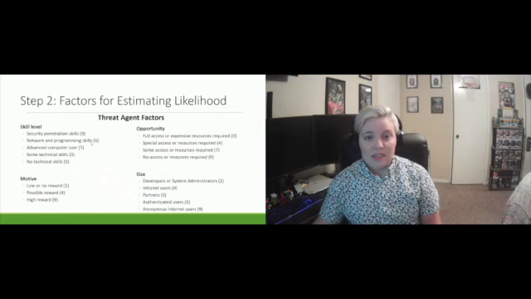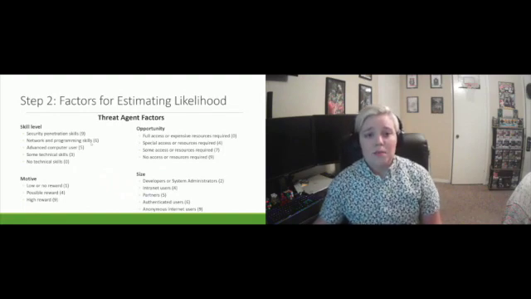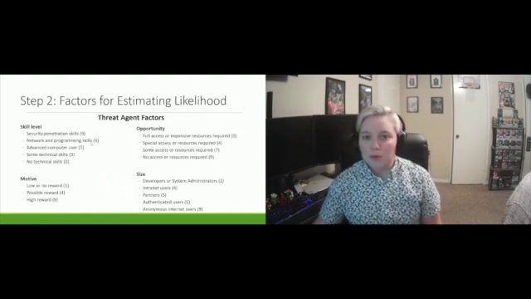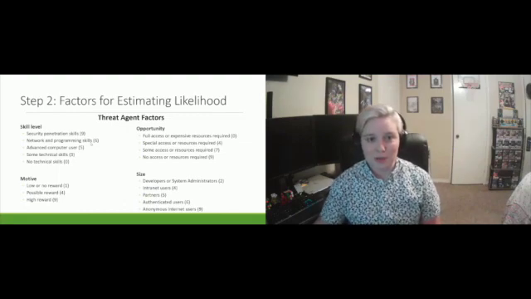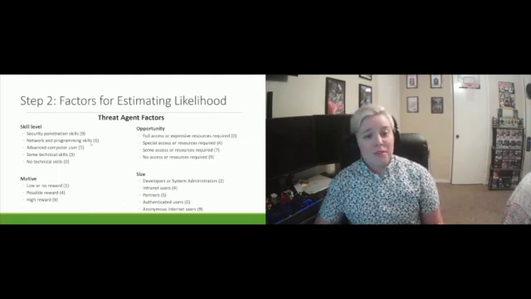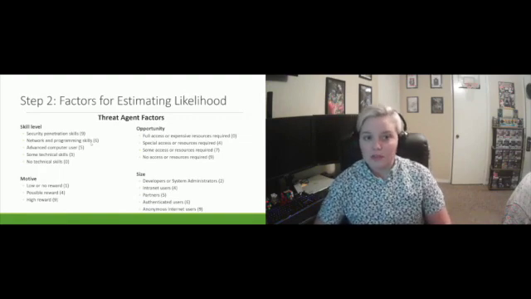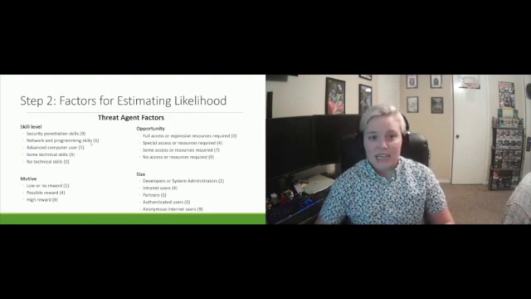Is it an exceptionally large group of people who can exploit this vulnerability? Or is this a small group of 1 or 2 people with super specialized access that would only be able to successfully exploit the vulnerability? So those are the kind of 4 factors that you need to run through and determine a score for. You can see that the scores vary based on the factors, ranging anywhere from 0 to 9 for each factor.